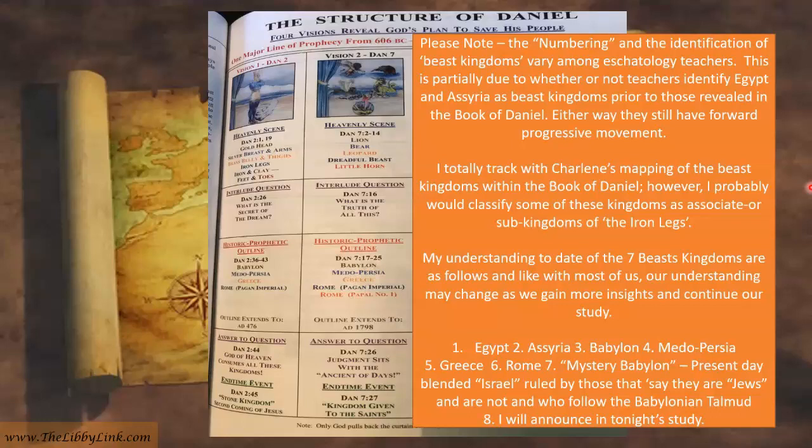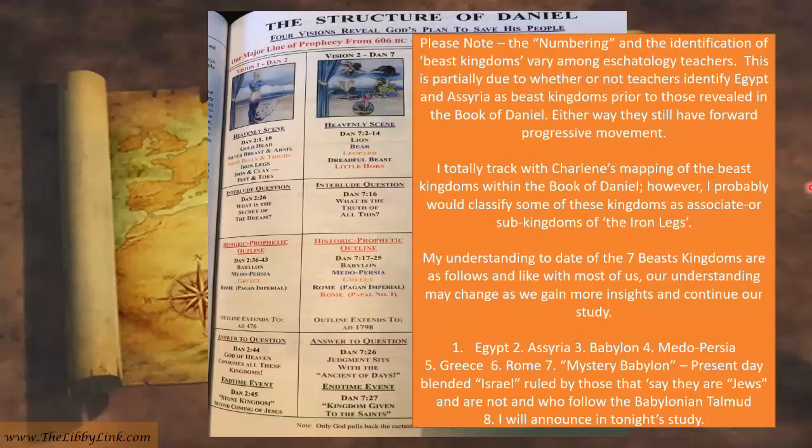And I totally track with Charlene's mapping of the beast kingdoms within the book of Daniel. However, I probably would classify some of these kingdoms as associate or sub-kingdoms of the iron legs. So anyway, I want to let everyone know that you will see differences between teachers.